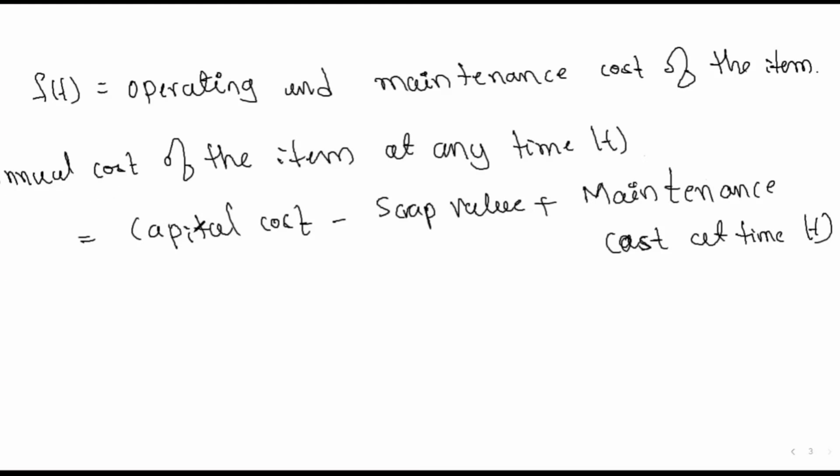So this is one of the important equations in our derivation: the annual cost of the item is given by capital cost minus scrap value plus maintenance cost at time t.